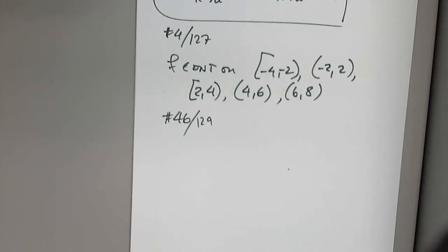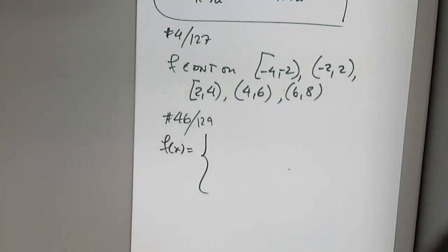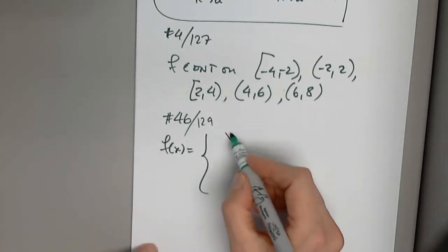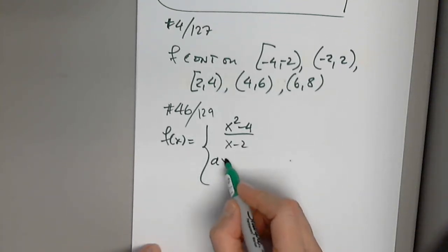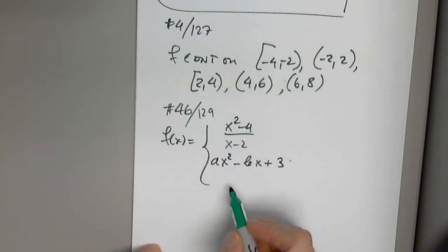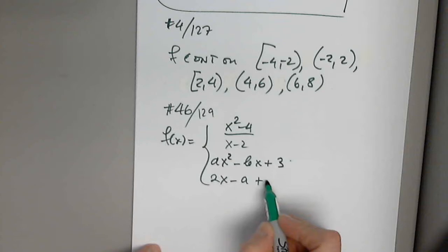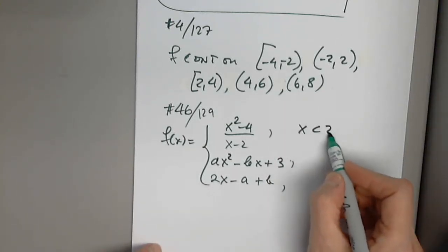Okay. So f of x is a piecewise defined function: x squared minus 4 divided by x minus 2, ax squared minus bx plus 3, and 2x minus a plus b. The first one is when x is less than 2.